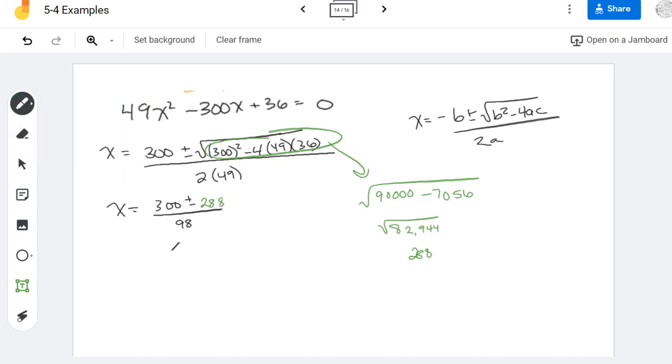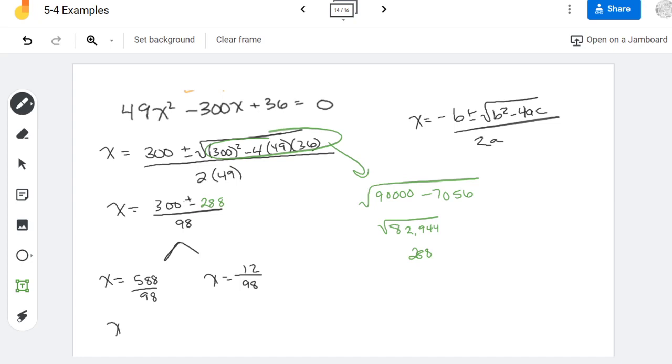Alright, so now let's actually split that. So 300 plus 288 is 588 divided by 98. And 300 minus 288 is 12? Probably 12. Let's see if 588 is divisible by 98. Not cleanly.